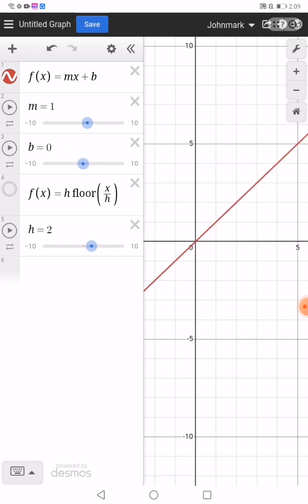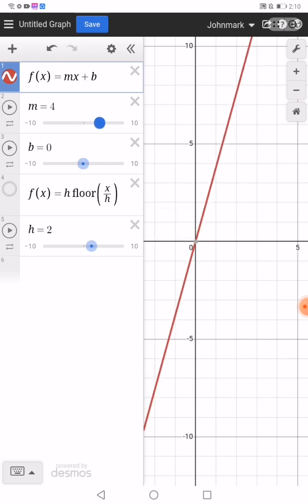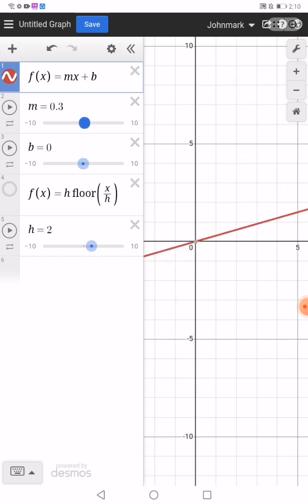Okay, good. So now we can just change the slope. That would depend on us. You can put it very steep, or we can make it negative like that one. Okay.